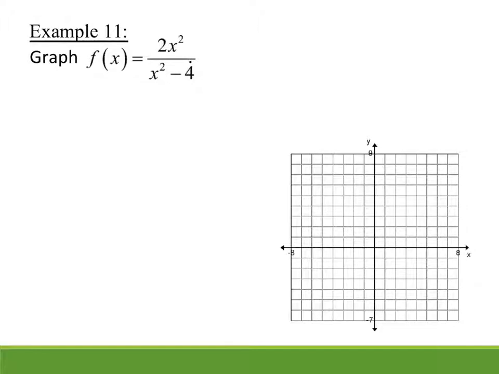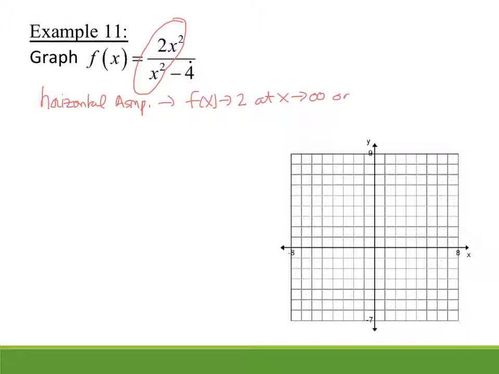Okay, so now the first thing is we can find the horizontal asymptotes by just looking at the fact that the numerator and denominator degree of the polynomials are the same, which means that the horizontal asymptote is f of x approaches 2 as x approaches infinity or x approaches negative infinity.